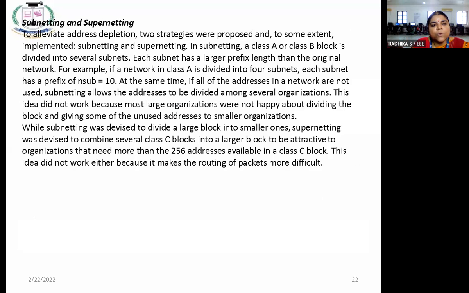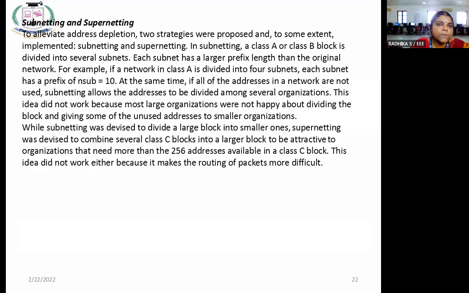So they tried to rectify this by the strategy called subnetting and supernetting. Actually, there are two ways to solve this problem.